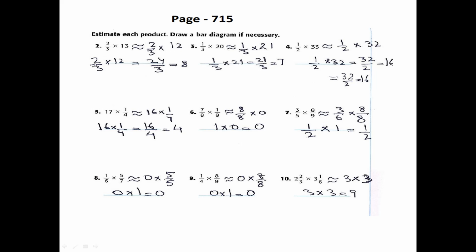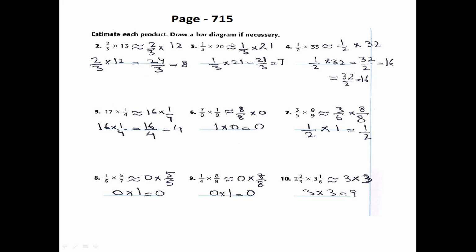After that, again we will write 2 upon 3 multiplied by 12. 12 multiplied by 2 is 24 upon 3. When you read the table of 3, you will get 3 8s are 24. So the answer is 8.